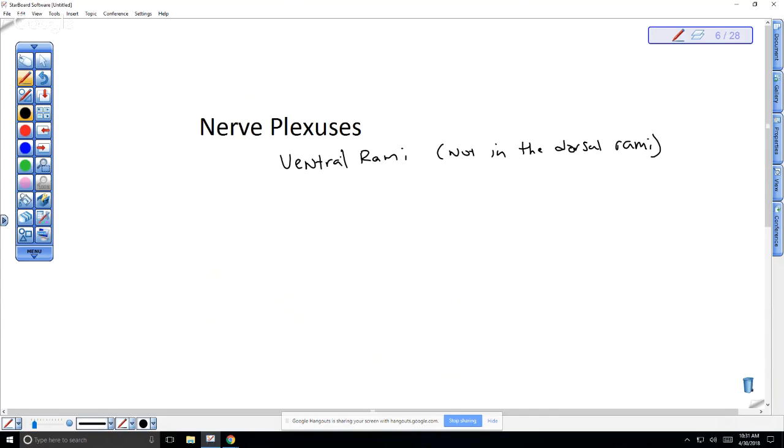Remember that is what branches off the spinal nerve almost immediately. This is what is going to serve the sides of the body and the fronts of the body and the limbs. So what we get are what are referred to as plexuses, and these are interlacing nerve networks.